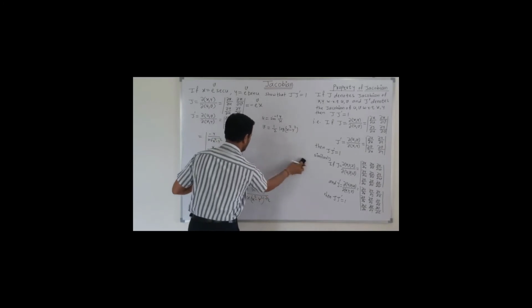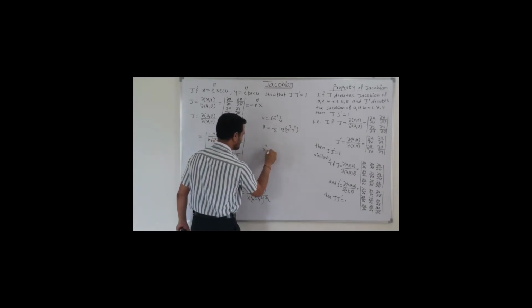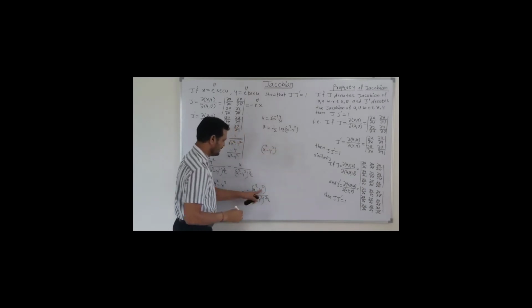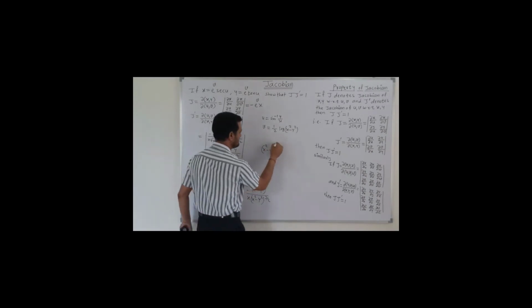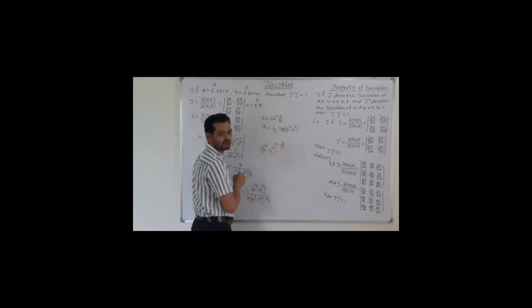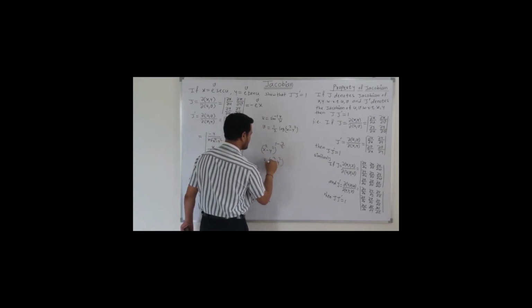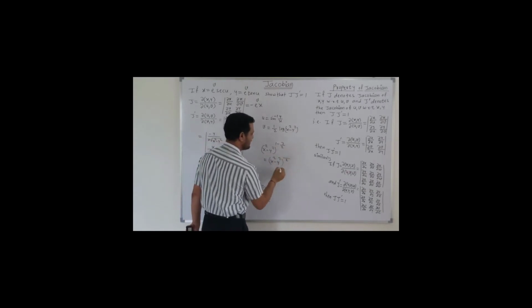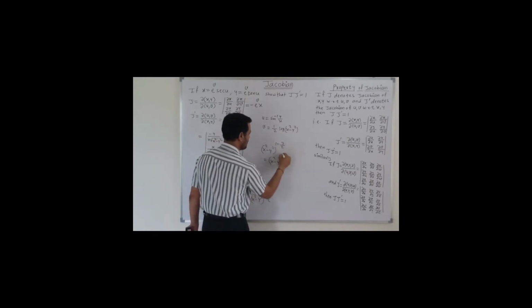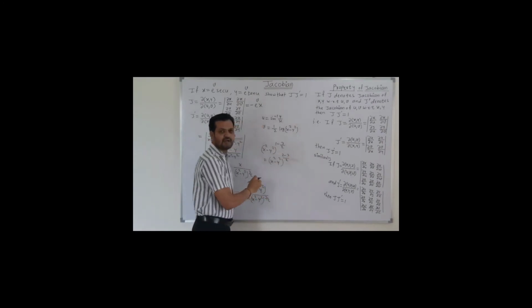Once again, if we simplify this term, then we get x square minus y square, whose power is 1. If we take this 3 by 2 power from the denominator to the numerator, this becomes minus 3 by 2. So if we simplify once again, this is x square minus y square raised to the power 1 minus 3 by 2, which is minus 1 half.